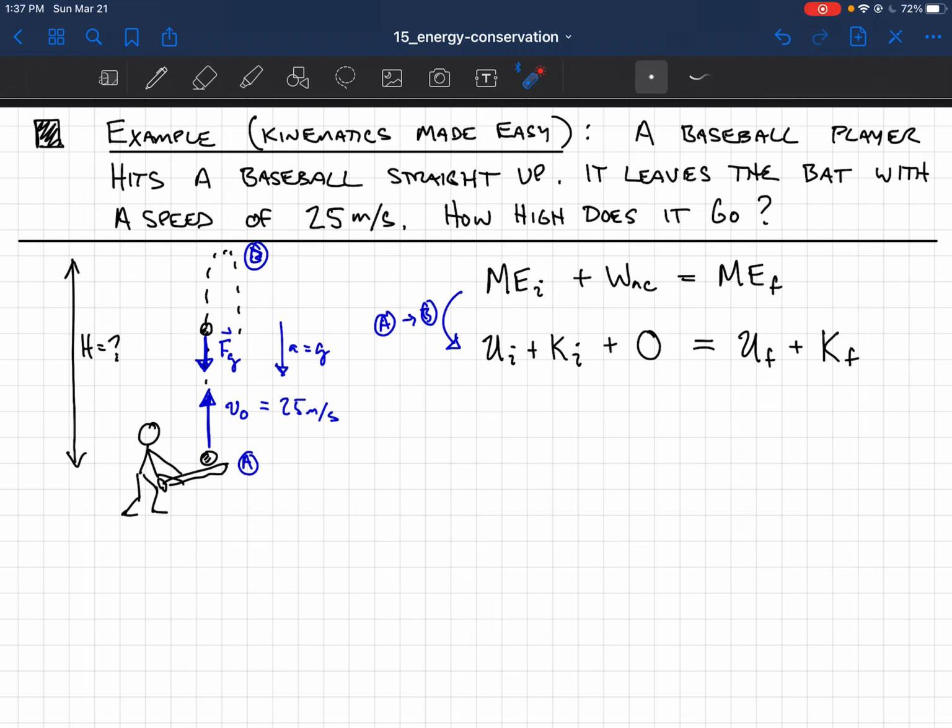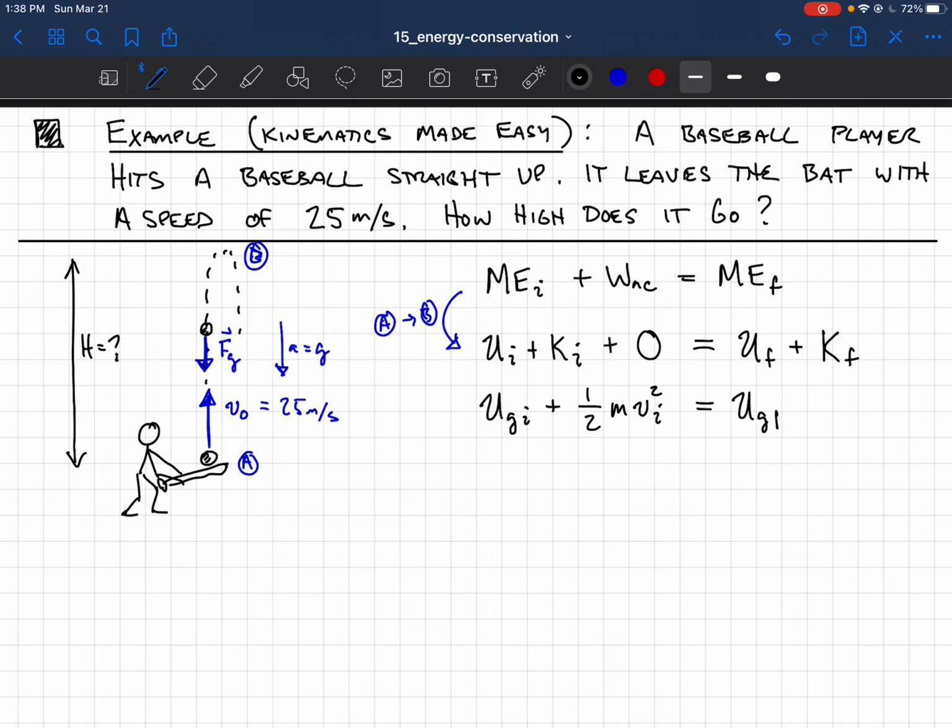Now I need to look and see what conservative forces I have that give me potential energy. I look back at my free body diagram, and I only have the force of gravity doing work. So I can write this as U_G initial. Kinetic energy initial I can write as 1/2 m v initial squared.